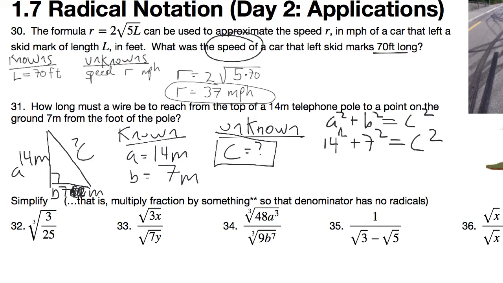Taking the square root of both sides, C is equal to the positive square root of 14 squared plus 7 squared. We don't need to consider the negative because you don't need a negative distance. When you do that, you get approximately 15.7. I'm going to round to the nearest meter, so that's 16 meters.